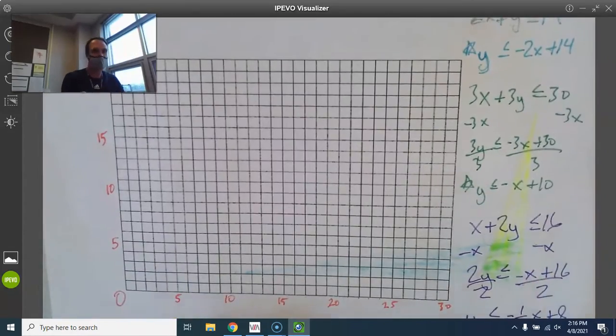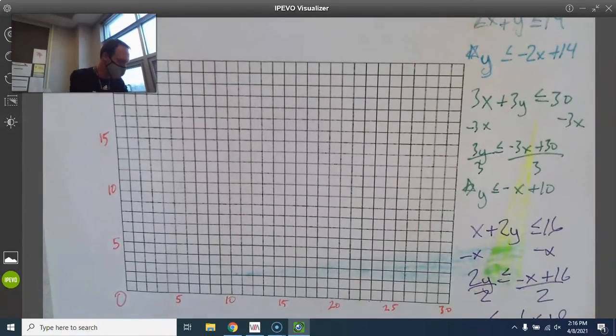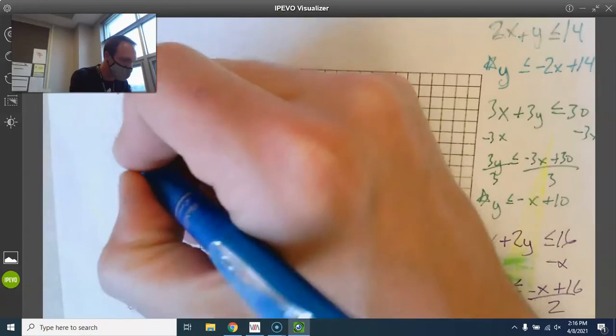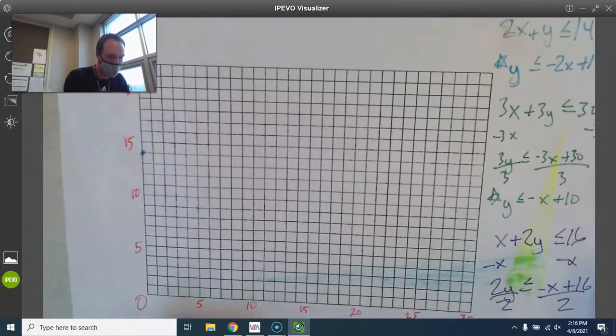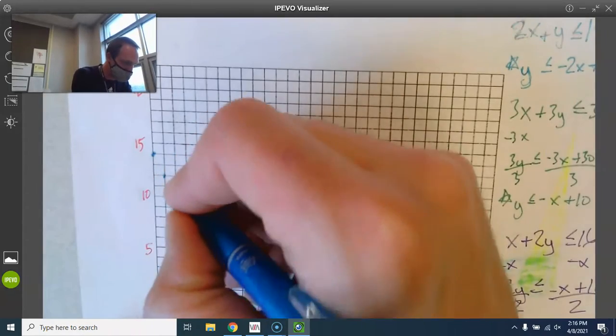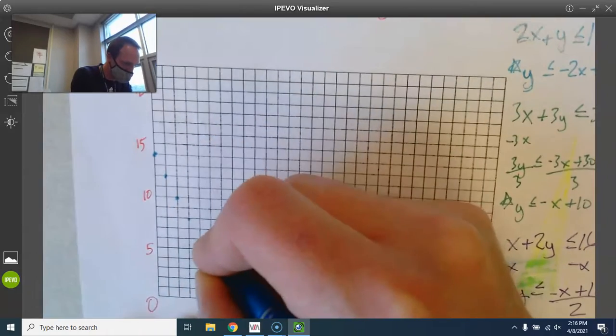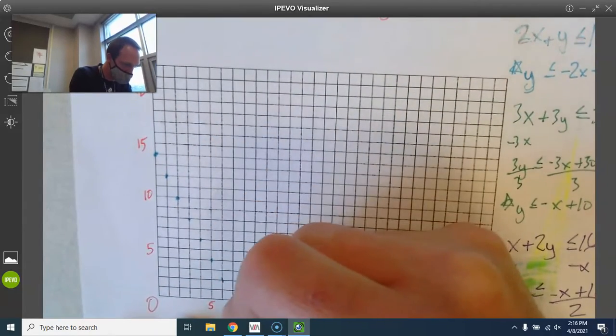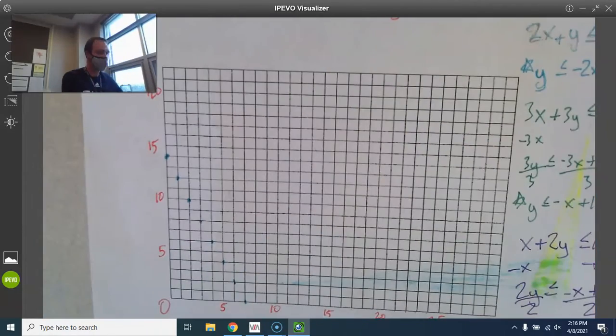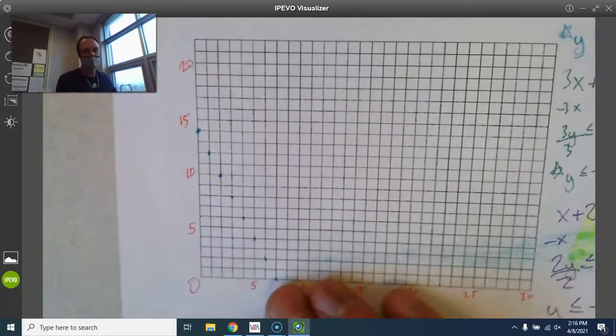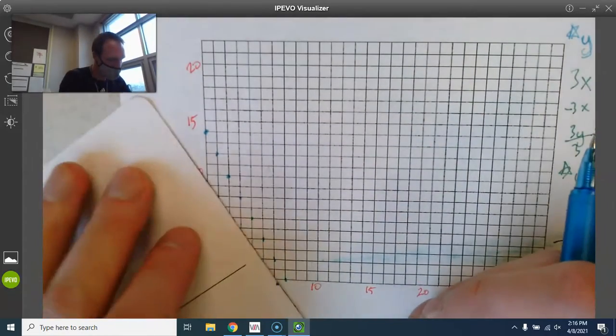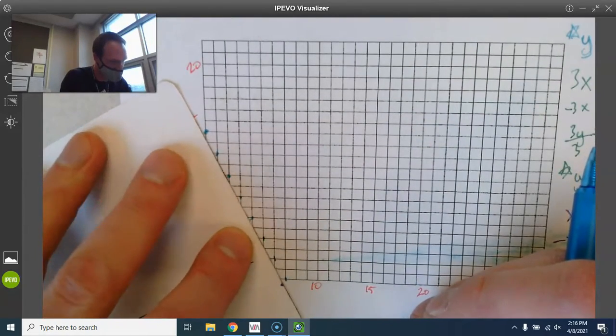There we go. So light blue, 14, down to right 1. Then connect using a straight edge.